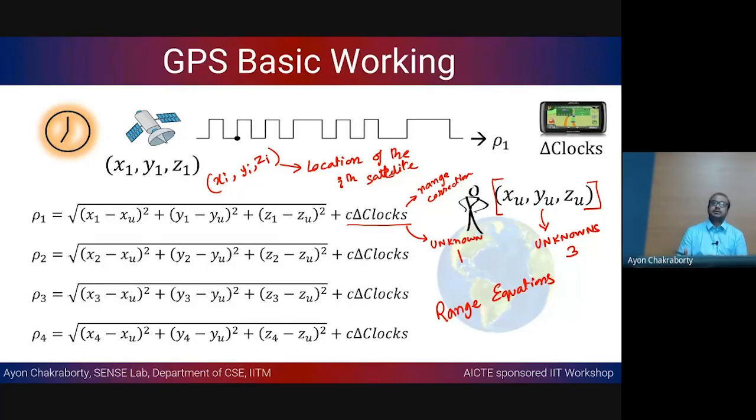This concept is very generic. It does not just apply to GPS, but these range equations could be applied to other technologies like Wi-Fi localization. As I told you, in that case, if I know the location of the access point, which is like the location of the satellite, and you know some kind of range between the access point and your device, then you can write up this system of equations.